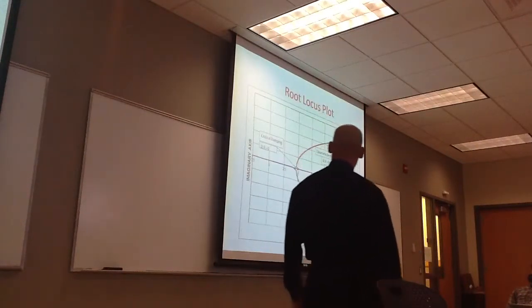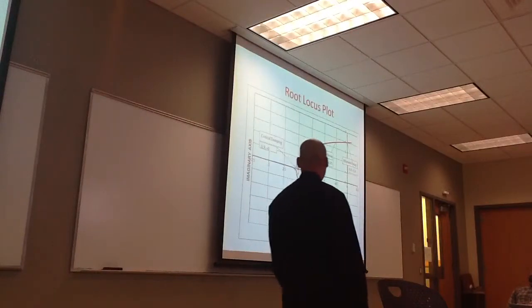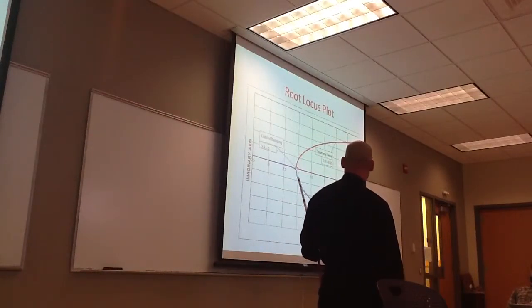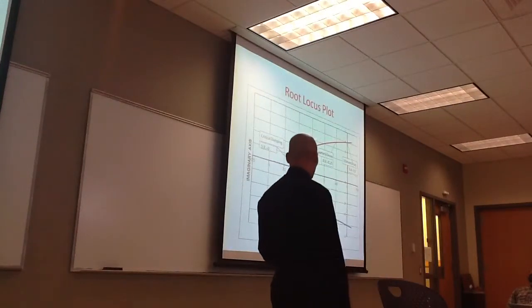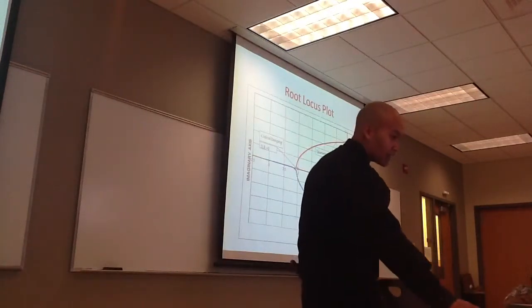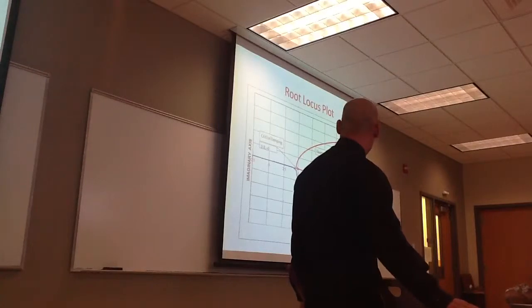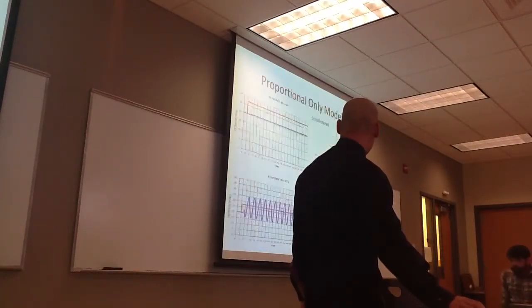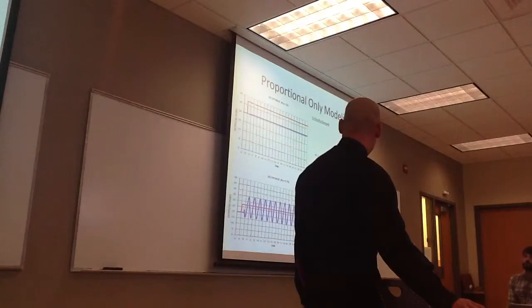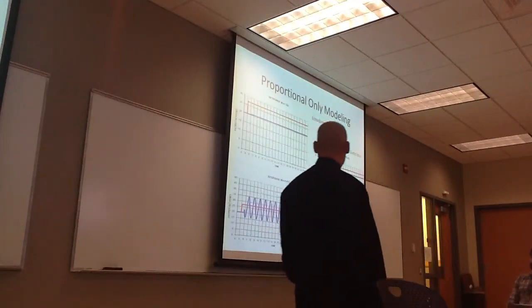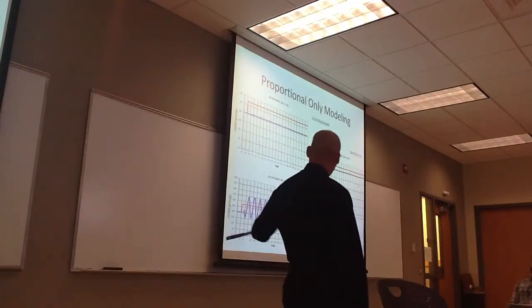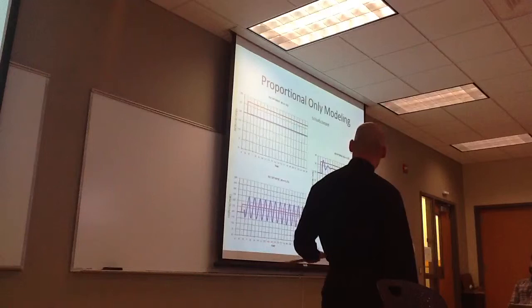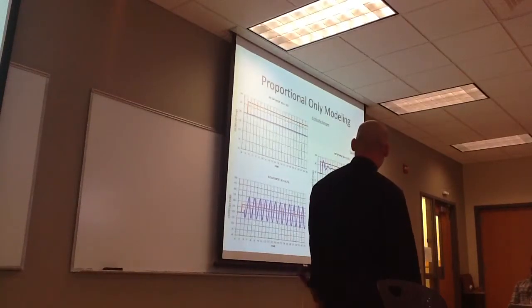And this is the root locus plot, and this is where you get all your Kc values, ranging from critical all the way up to ultimate. Once you get those Kc values, that allows you to do the proportional only modeling, where you break it up into 10 different Kc values, ranging from the lowest to the highest, and run each of them.